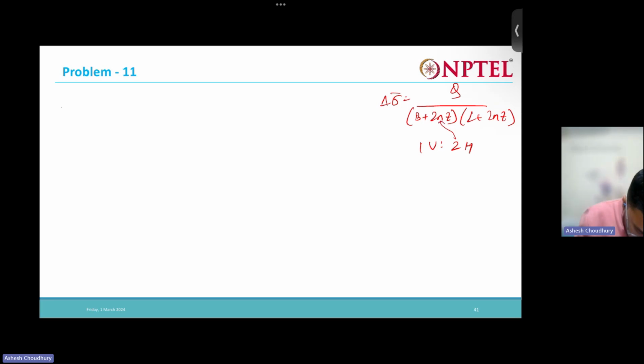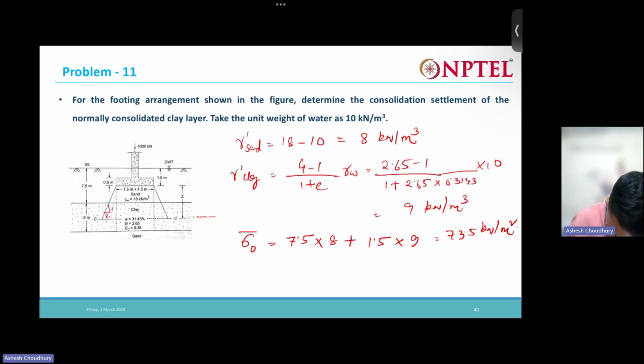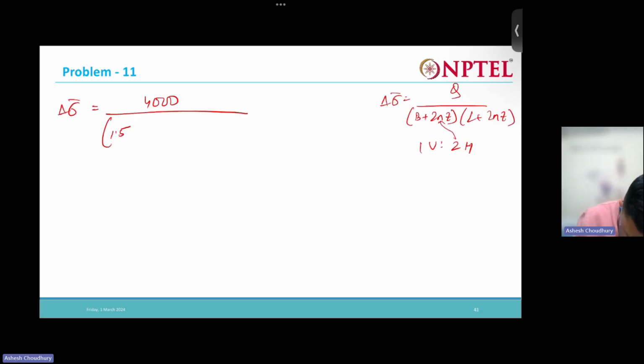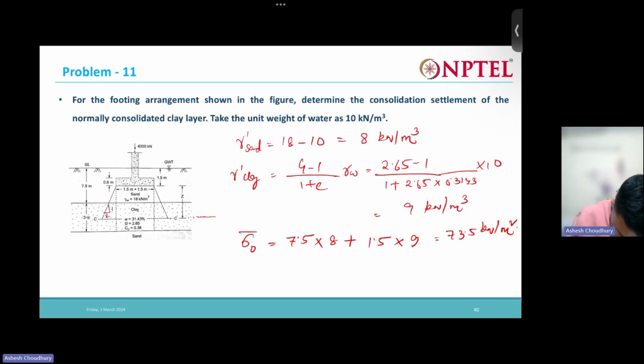So n is 2. Like this we can write 4,000 by, this is 1.5 by 1.5, so (1.5 plus 2 into Z). So what is Z? This is 3, and this is how much? 7.5 minus 1.5.